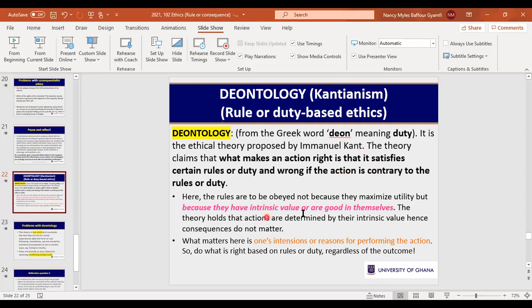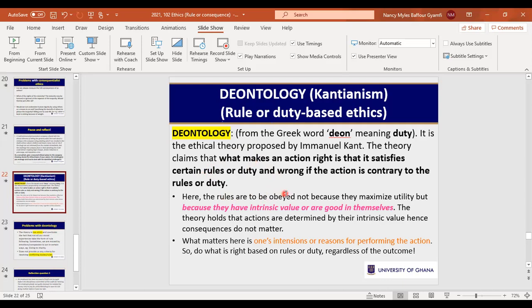So Kant is saying that if we are sincere to ourselves, the principles that we will evolve based on duty will be those that are universalizable. And if you act based on such principles, what he calls the categorical imperative, don't worry, it's an imperative that is categorical, then that action will be right.